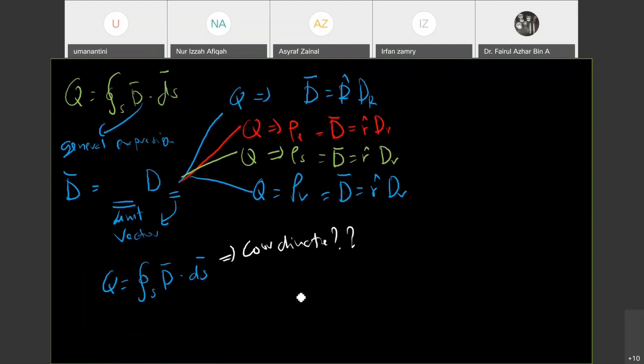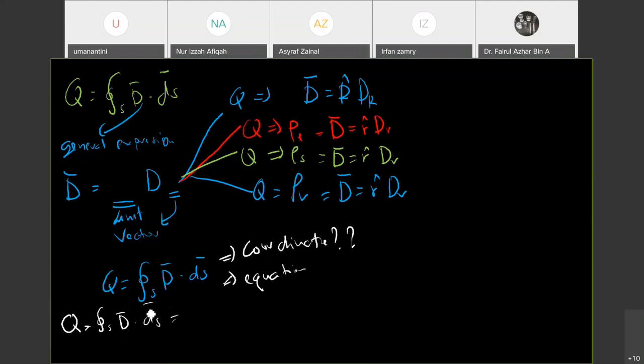Coordinate system apa nak pakai, itu pertama lah. And the second one is equation. Because in this Gauss law, we have a lot of equations. So kalau saya tulis secara panjang, we have Q is equal to closed integration surface D dot ds. So this one we panggil general expression for the Gauss law lah.